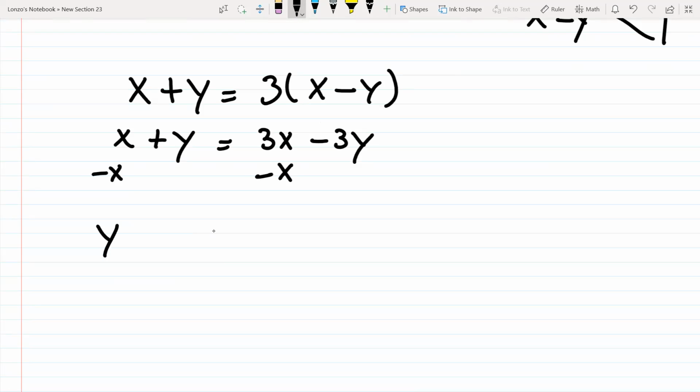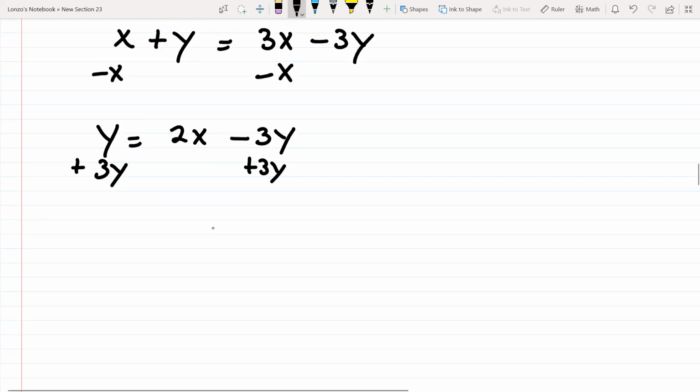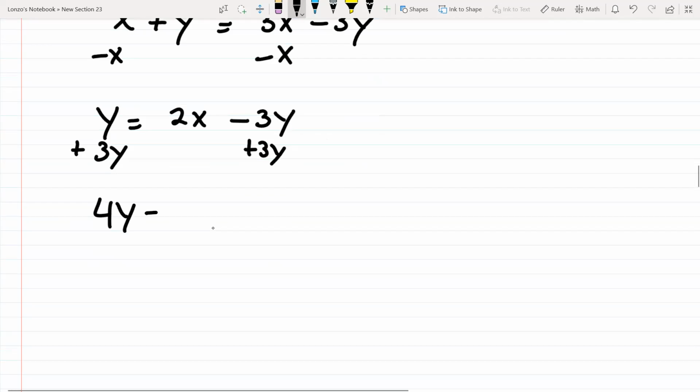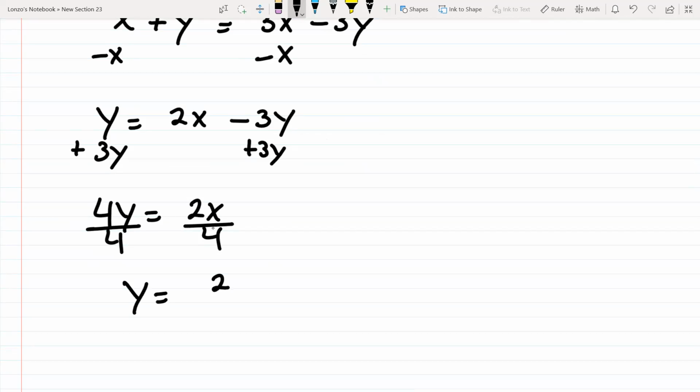So I get y equals 2x minus 3y. And I'm going to get all the y's on one side, so I'm going to add 3y. So I get 4y equals 2x. Then get y by itself.